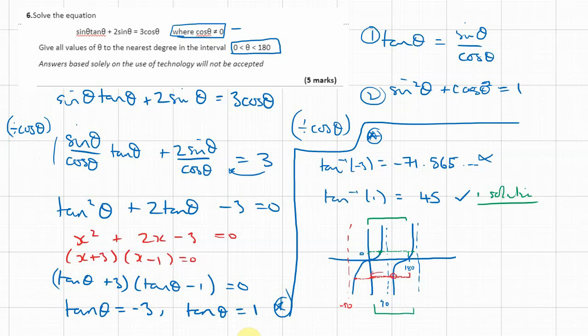It's not minus 71, but I know I can use this to find another solution. If this is 71 away from 0, where I hit the x-axis, I know it's also going to be 71.565 away from the 180, where it also hits the x-axis.